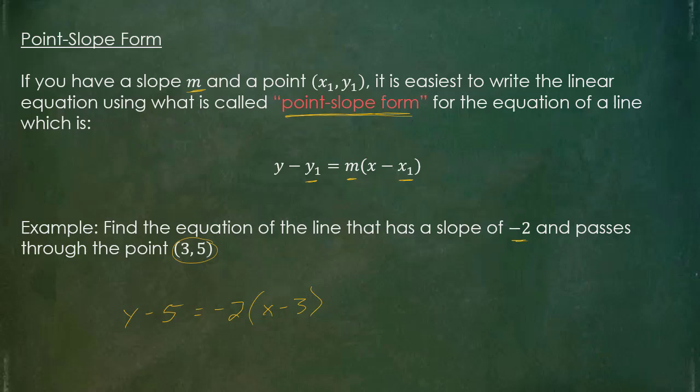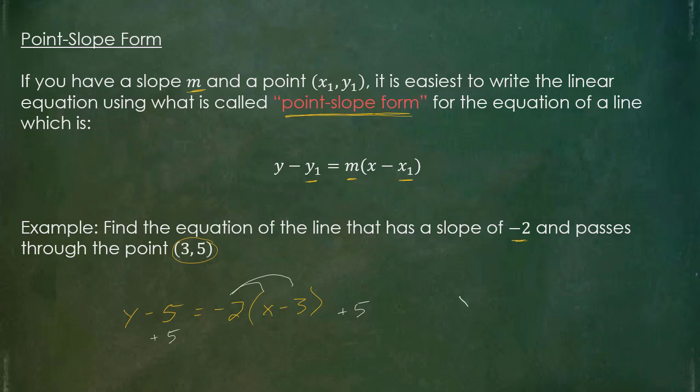Now normally we don't leave our answers in this format. Normally we go ahead and do the extra steps to actually get this into slope-intercept form. So what those steps would be is to distribute through my slope to eliminate the parentheses on the right side, and then move whatever term was next to the y over to the other side. So since this one had a minus 5, I would just add 5 to move it over.